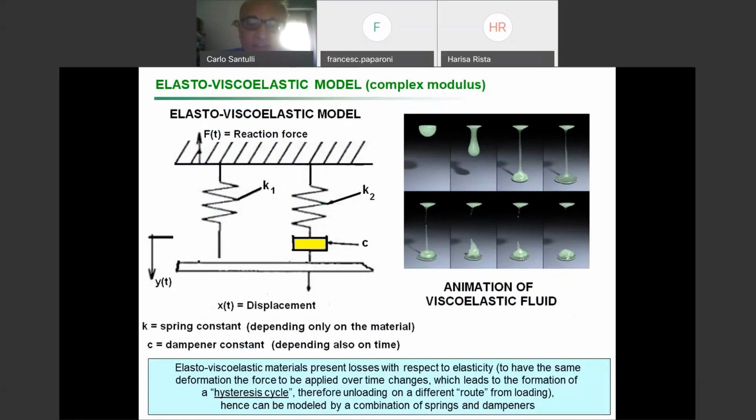In practical terms, the deformation of a viscous liquid has the effect of time, where the effect of time is non-negligible. When you have a loading and a deloading of the material, so you apply the load and then you remove it, what you find out is the hysteresis cycle.